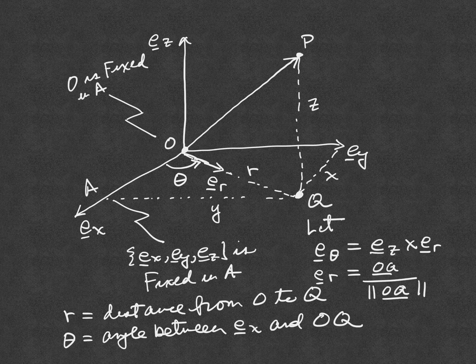Now, once I do that, I actually have an alternate way of being able to describe the position of P relative to O. So to complete this diagram, though, this vector E theta is in the EX-EY plane, and it's orthogonal to ER and to EZ. So if I was to look down on the EZ direction, here's what I would see. This direction out of the page, start with that.